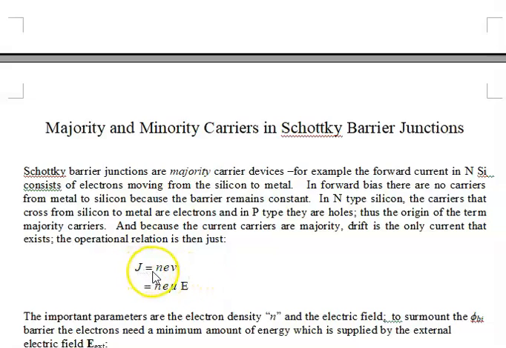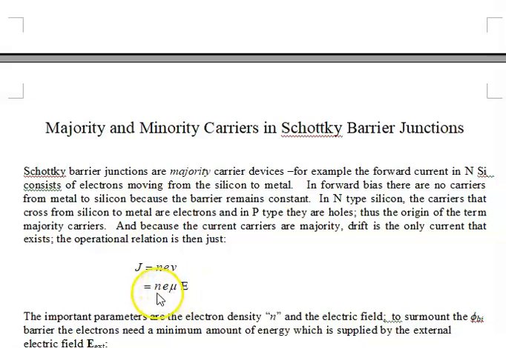The current density is equal to the number of charges per cubic centimeter, that's n, times the electronic charge e, multiplied by the velocity, and the velocity of the charges is equal to the mobility times the electric field. So the thing that determines the current is n.